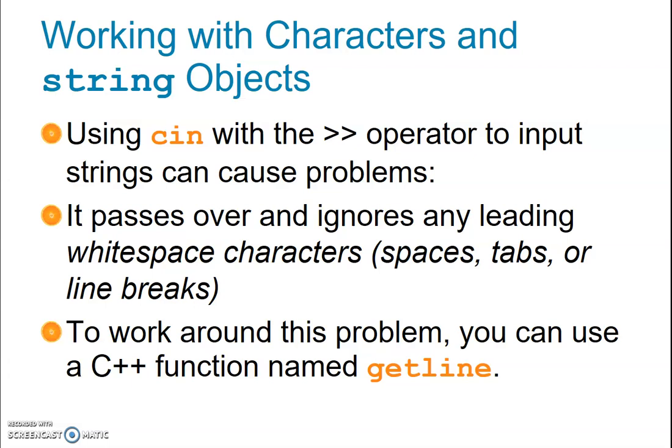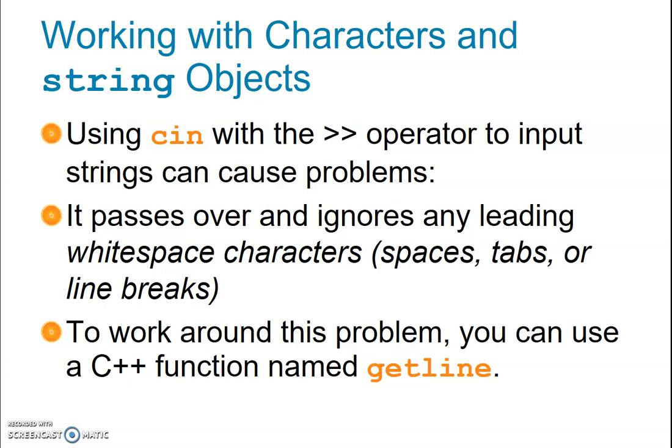So working with the string object in a cin statement is not as straightforward as it is with numbers. Because of the extra characters that get trailed onto a string during input, the cin operator with the extraction operator passes over and ignores any leading white space characters.